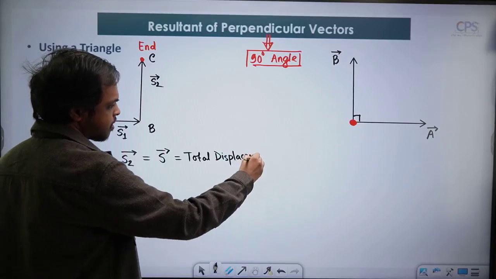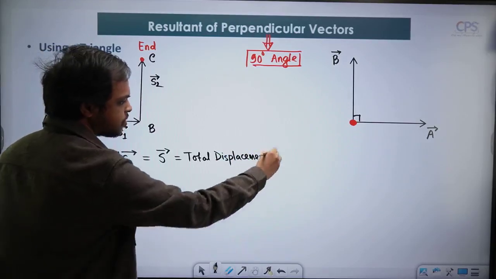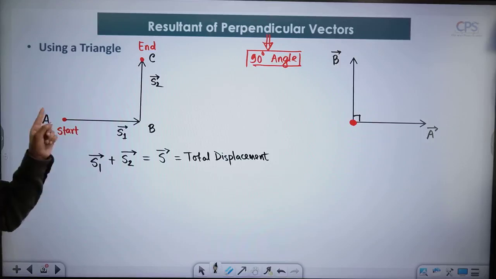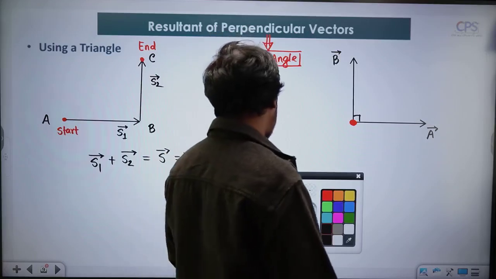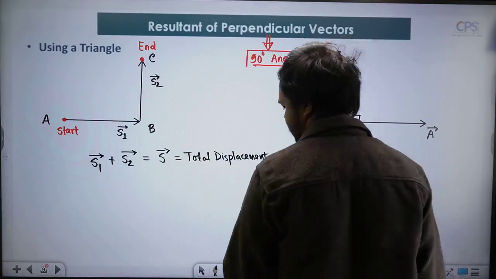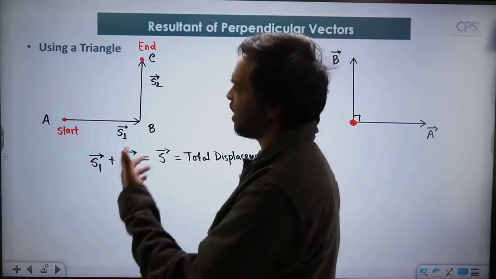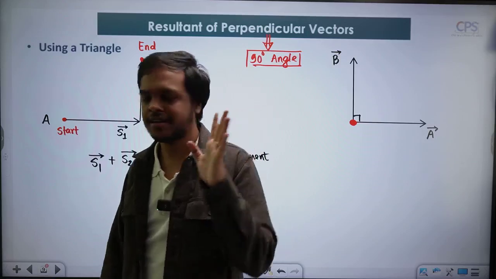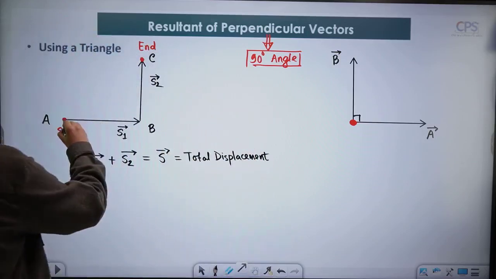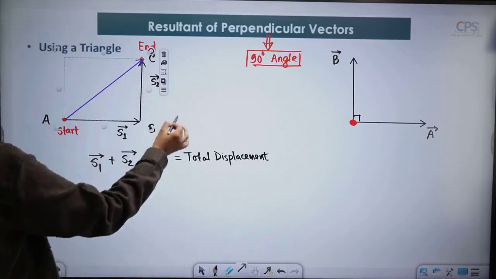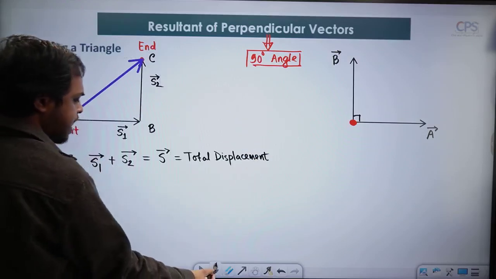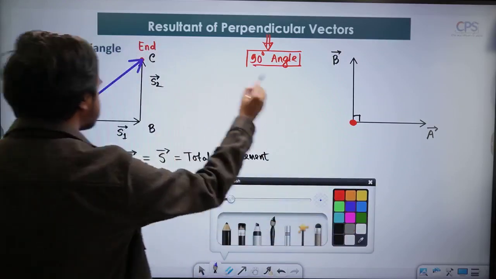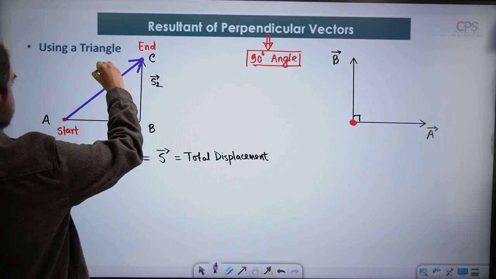Okay? Now, what's the total displacement here? Remember, to find the total displacement, you just draw a line from the starting point to the ending point. That's a straight line, nothing else. Just a straight line from start to end. And then this is your S vector.